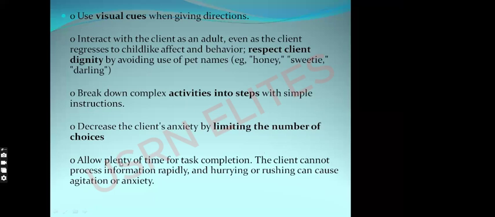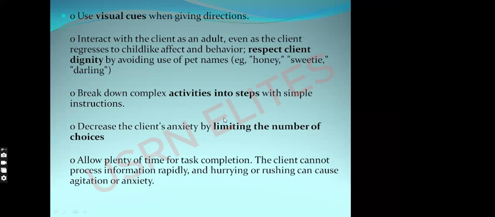Allow plenty of time, as we've said. The client cannot process information rapidly, and hurrying or rushing can cause agitation or anxiety.